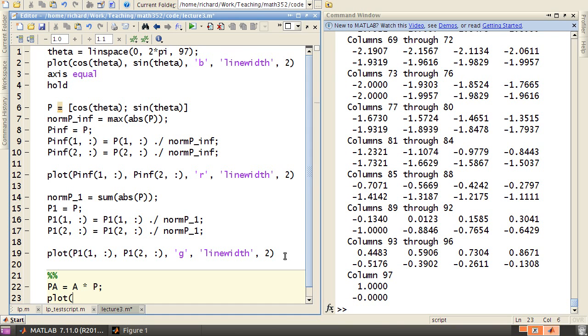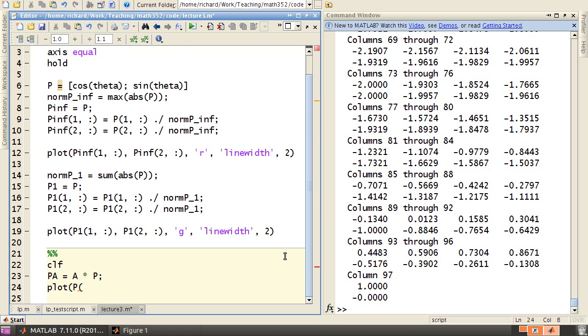Then I'll clear my figure and plot my unit vectors, and I'll also plot my scaled vectors.